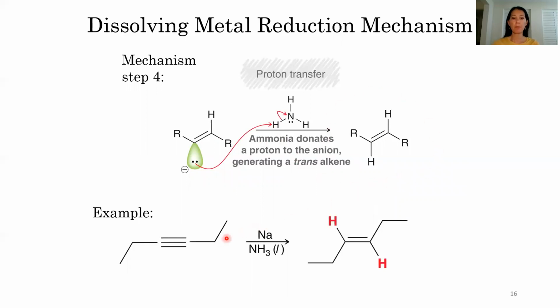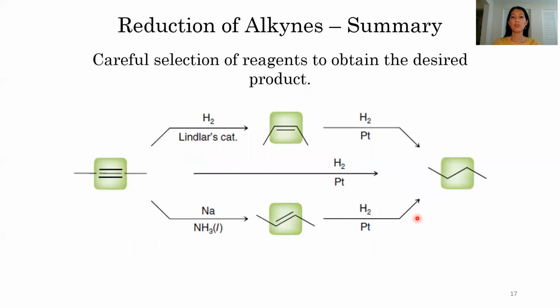Overall, don't forget what's happening. You're taking an internal alkyne using the sodium ammonia dissolving metal reduction conditions to give the trans alkene product. So you can see how powerful this is now. An alkyne can be converted selectively using Lindlar's catalyst and hydrogen to a cis-alkene.